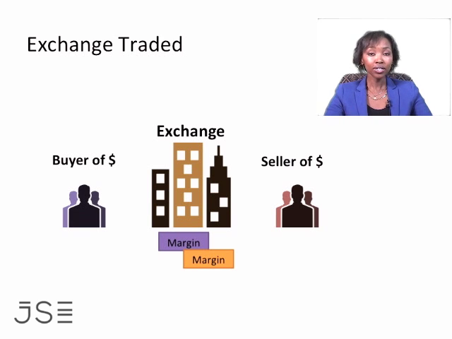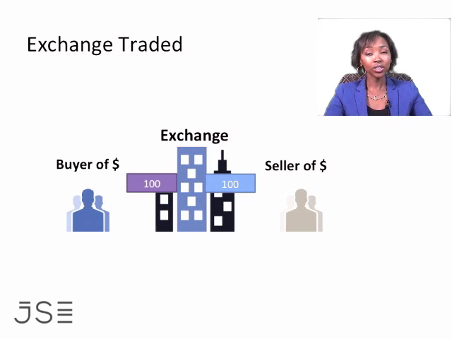And then traders, buyers and sellers can transact anonymously. So buyers wouldn't know who they are buying from, and sellers wouldn't know who they are selling to, because everyone just faces the exchange. And then the exchange would then take care of all the administration around the transactions.